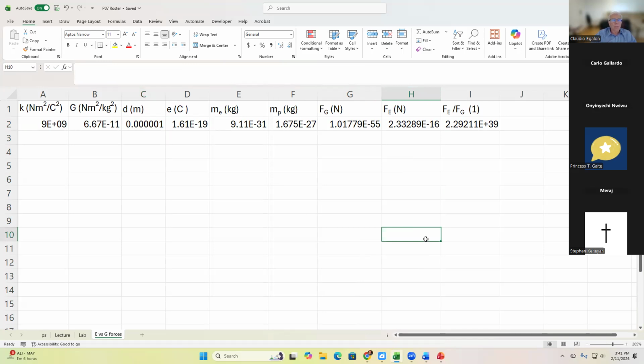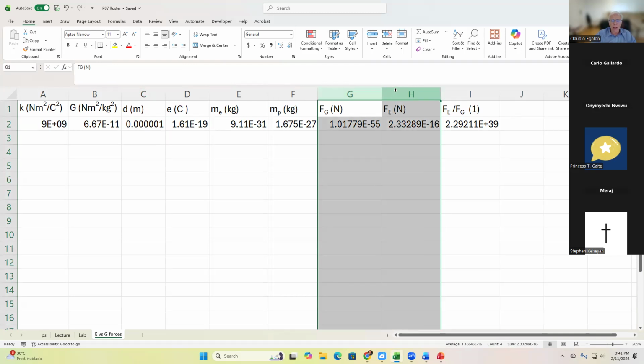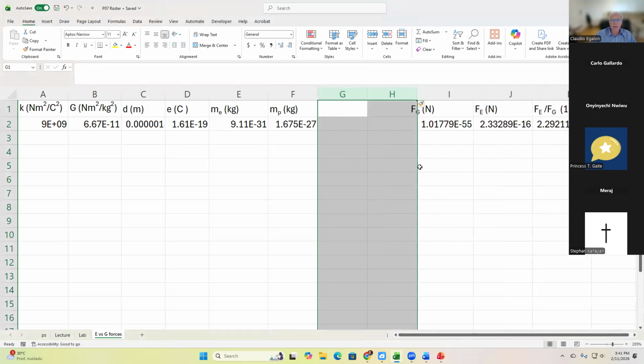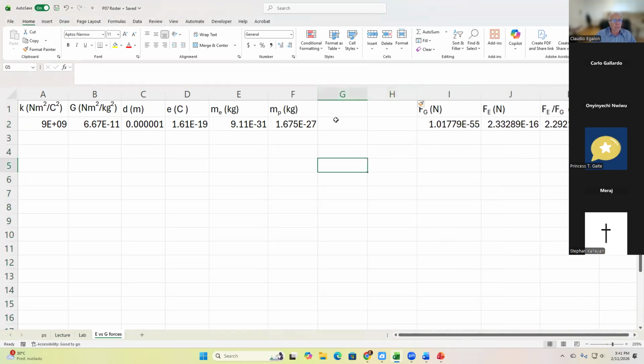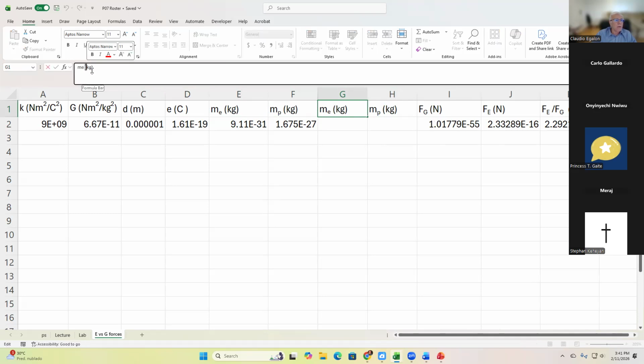And now, what about mg? Let's calculate mg, which is the gravitational force that the Earth exerts on each of those particles. Here you go. You're going to see mg. Here you go. G, no, lowercase g, right?